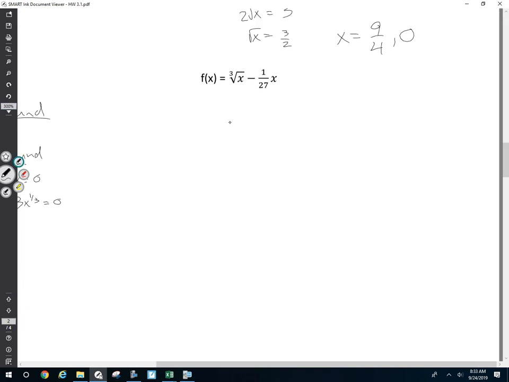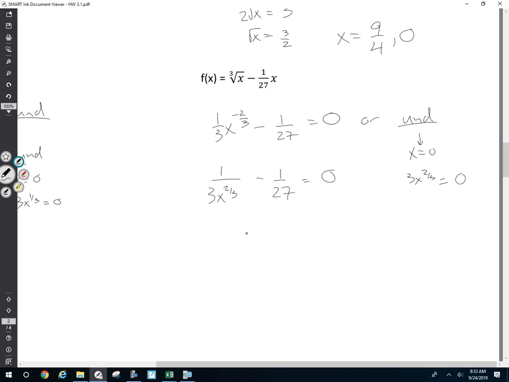So this guy, we have 1/3 x to the -2/3 minus 1/27. This equals 0 or is undefined. Let's not forget about this, because when x is 0 again, 3x to the 2/3 equals 0. So this is a critical point. We'll solve the other equation, equal to 0.